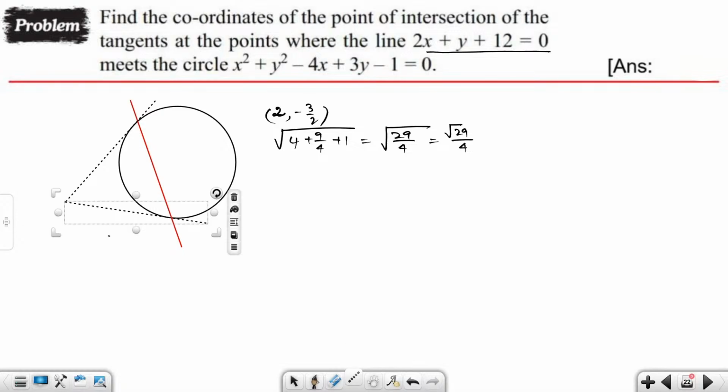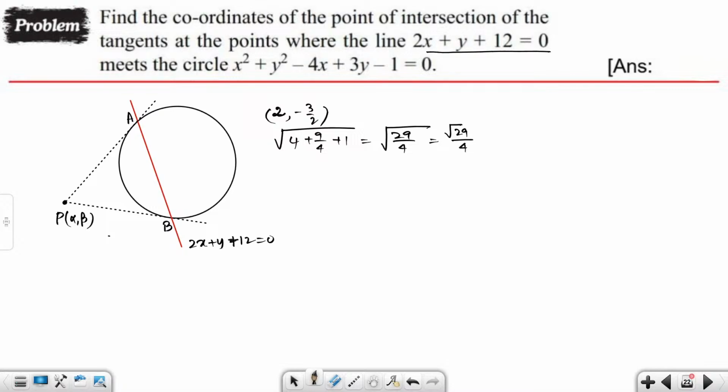Now you have to find out the point of intersection. That is, you have to find out this point. Let us say this point is P, which is alpha comma beta. And let us say this point is A and this point is B. And the equation of this line is 2x plus y plus 12 equals 0.